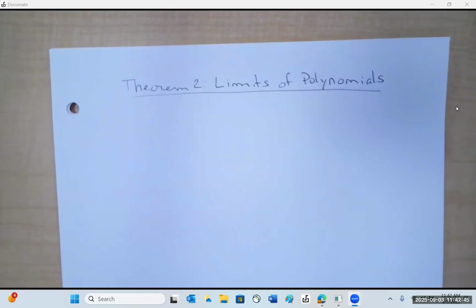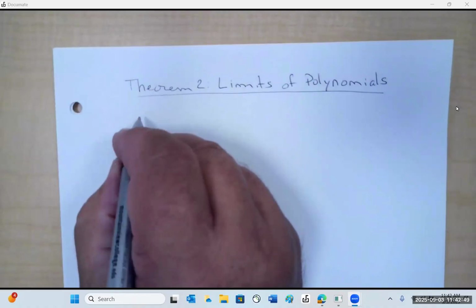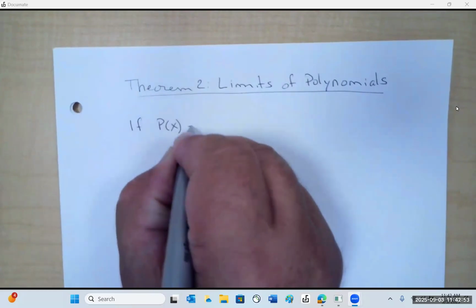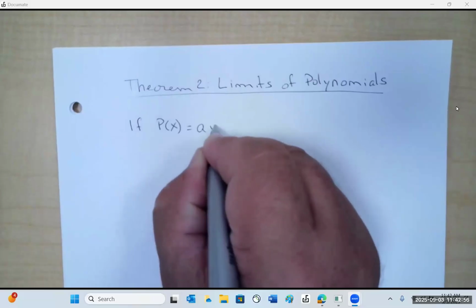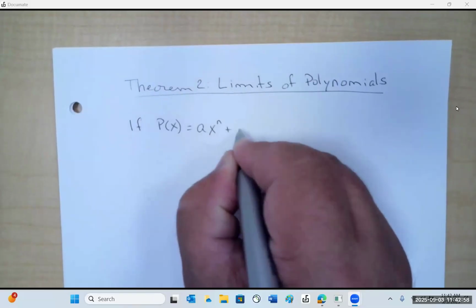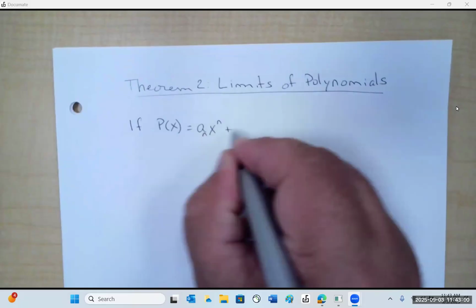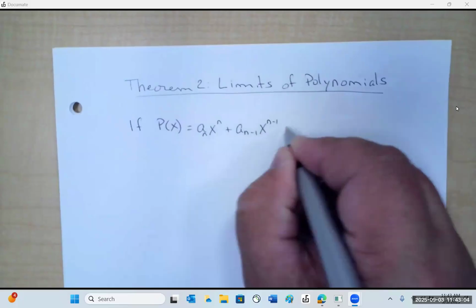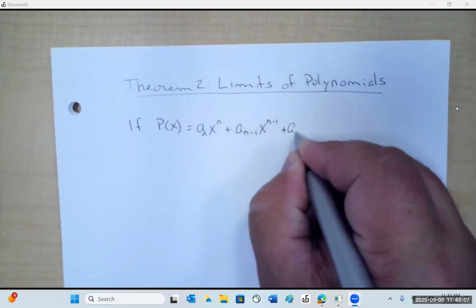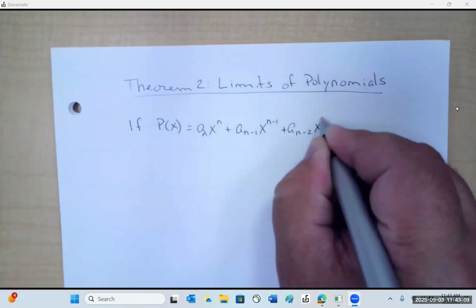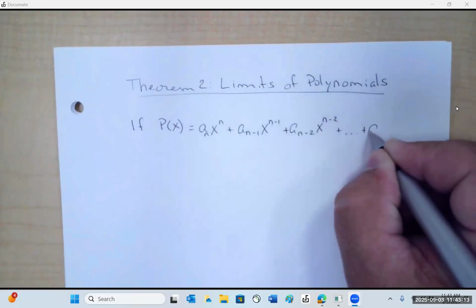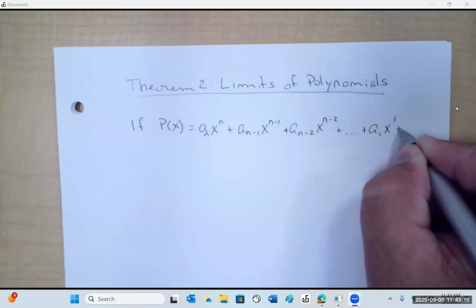It sounds like it's going to be impressive, but here's what it's saying. If your polynomial P of X is equal to A sub N, X to the N, plus A sub N minus 1, X to the N minus 1, plus A sub N minus 2, X to the power N minus 2, and so on and so forth, A sub 1, X to the first.